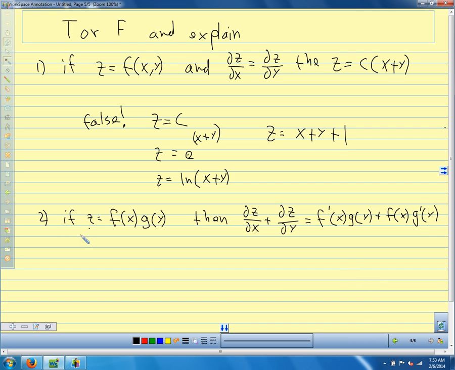So if my two variable function z can be broken up as a function of x times a function of y, then the sum of our first partials is this thing. We want to know true or false and explain.